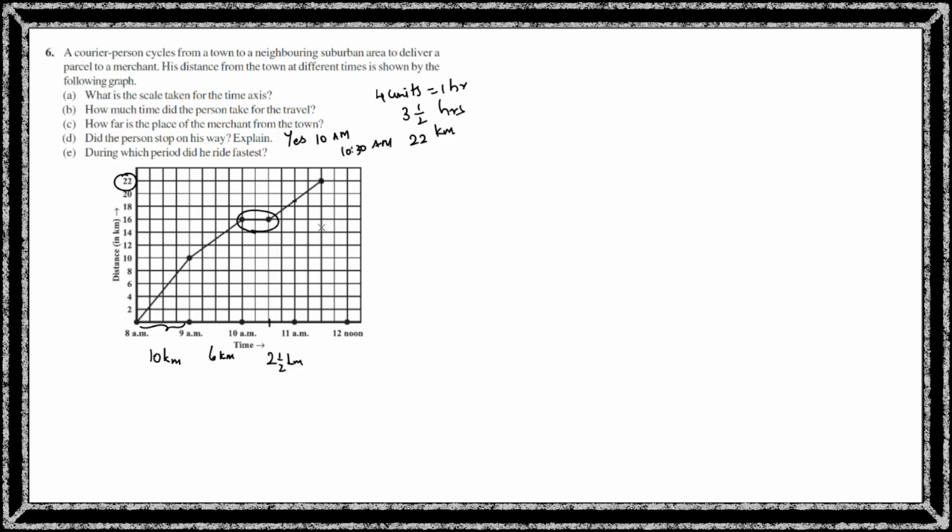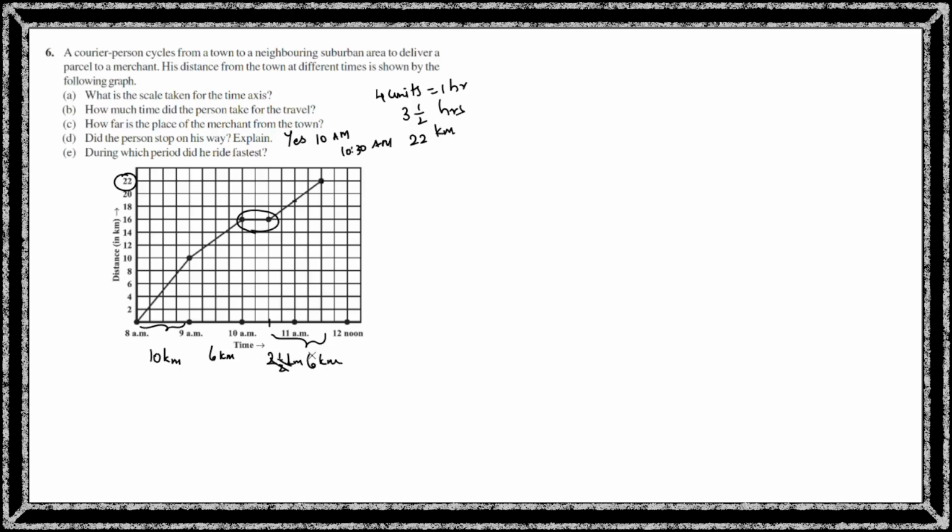So you can see that from 10:30 to 11:30 it is the same speed at which he is traveling. So 10:30 to 11:30, okay, in this period he has gone from 16 to 22, which is nothing but 6 kilometers. So this is 6 kilometers.